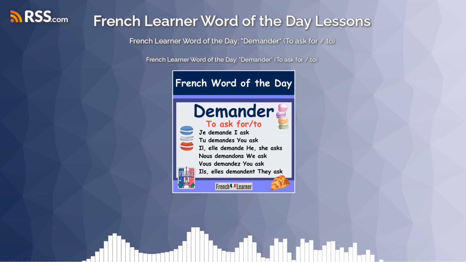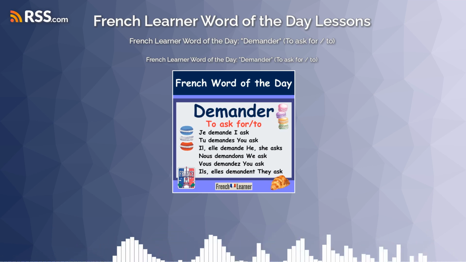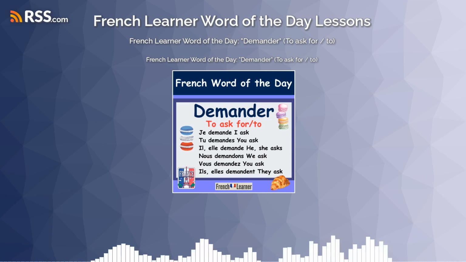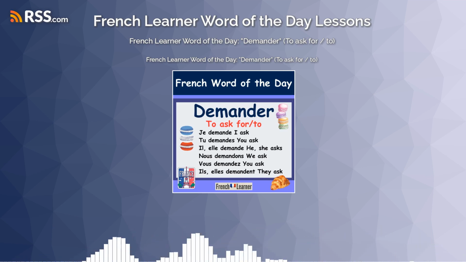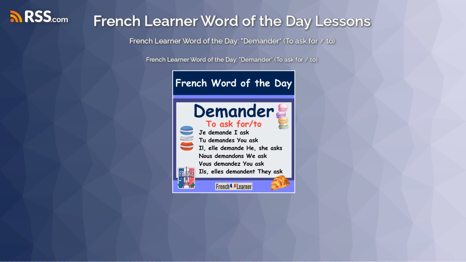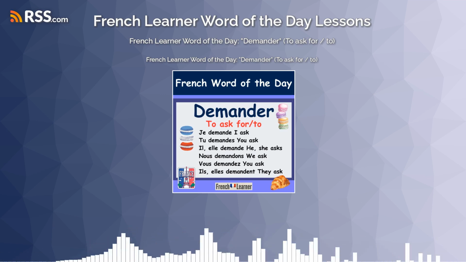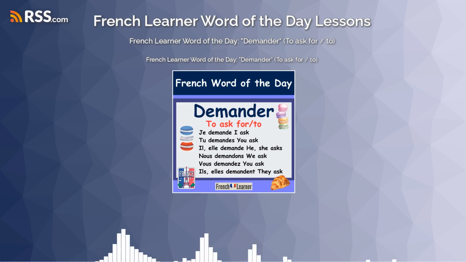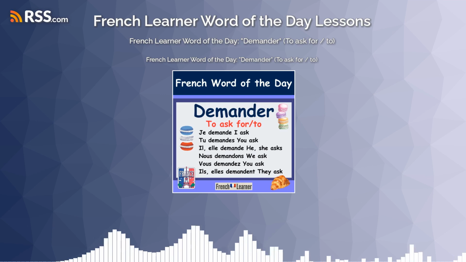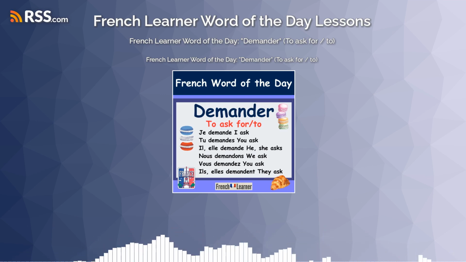So finally, we're going to look at demander in the reflexive form. So let's look at the sentence first. I wonder why French is so difficult. Listen here now. Je me demande pourquoi le français est tellement difficile. So here you heard je me demande, which is the reflexive form in the infinitive.